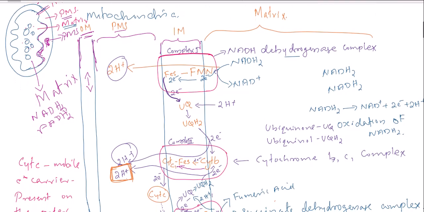Here the energy rich coenzymes like NADH2 and FADH2 can be seen inside the fluid matrix of the mitochondria. These energy rich coenzymes are produced through the Krebs cycle, you know that.